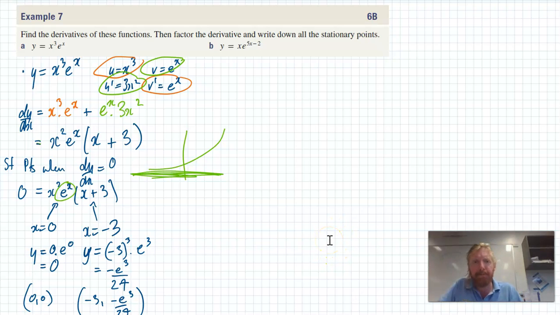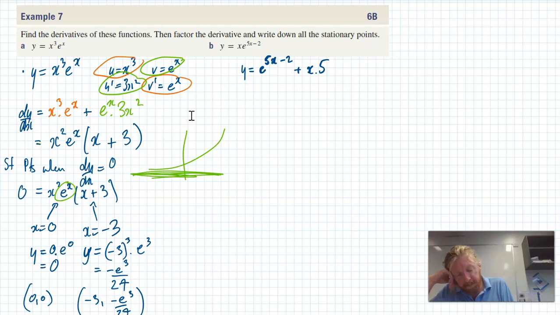Last one. Here, product rule. I'm not going to write the u's and the v's this time. We'll just do it. y equals: hold the first one and derive the second, we get 1 plus, hold the first one and derive the other.